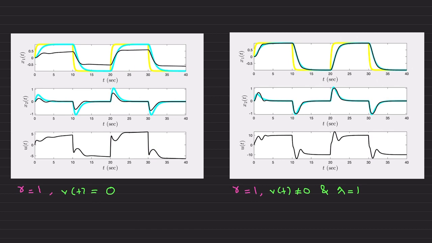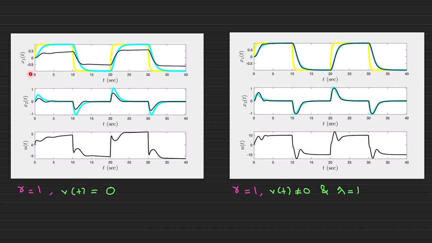Well, here is the position state of the mass, its velocity x2, and the control signal as a function of time. Here I choose the adaptive gain gamma to be 1, and I didn't use any performance recovery signal.